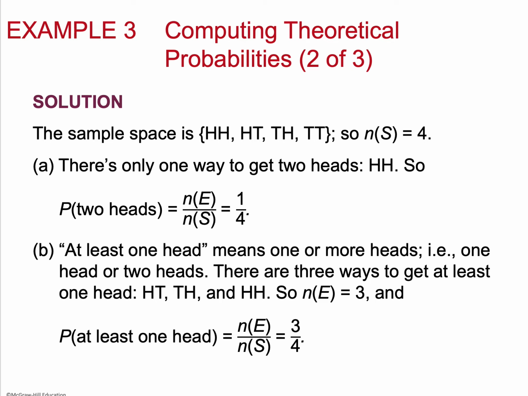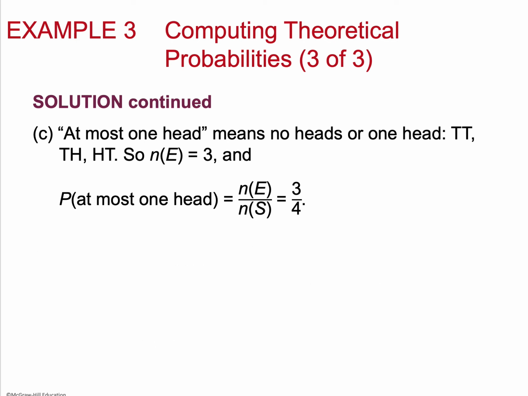There are 4 possible outcomes because I could get heads and heads, heads and tails, tails and heads, or tails and tails, which is where the 1/4 comes from. If I want at least one head, that would be heads and heads, heads and tails, or tails and heads. So that's 3 possible ways that one of my coins can have a heads on it. And there were 4 total outcomes, which gives me 3/4.